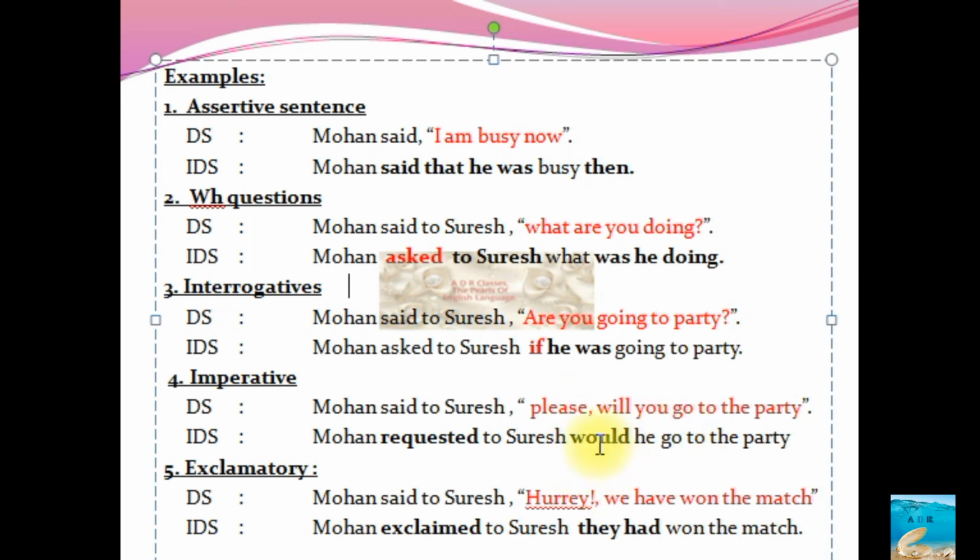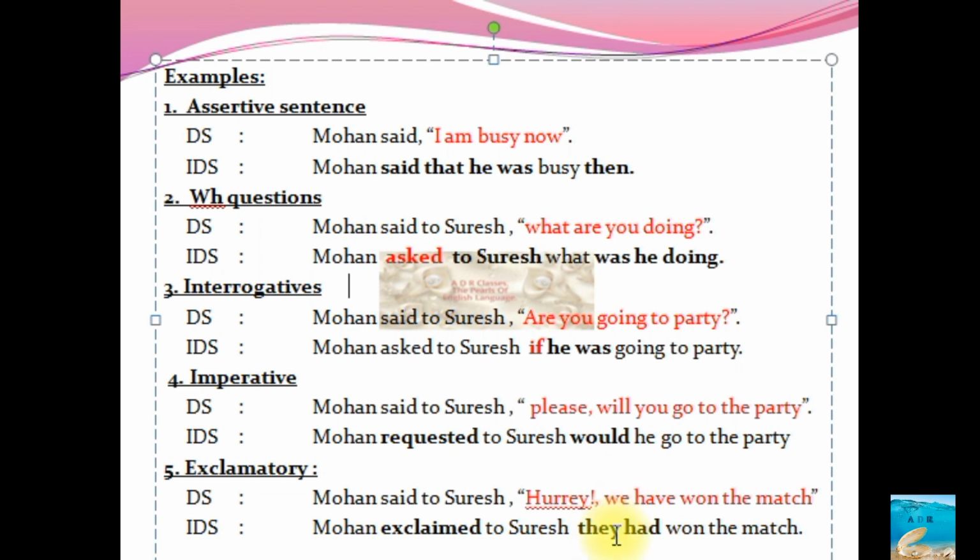Exclamatory sentence. Mohan said to Suresh, "Hooray, we have won the match." Mohan exclaimed to Suresh that they had won the match. Have has become had. We, first person plural, has become they, third person plural.